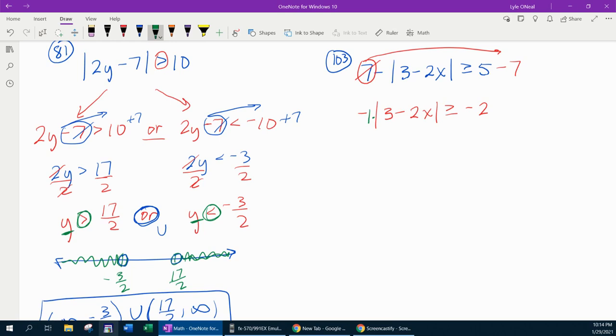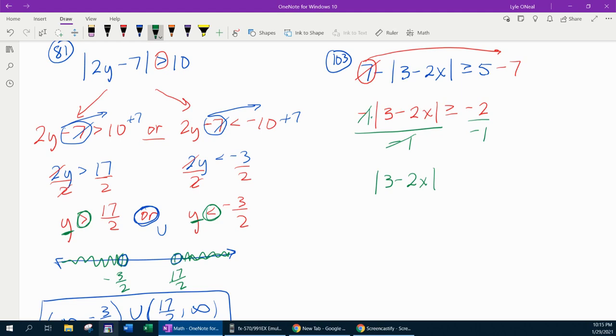So to get rid of that negative 1 factor, I'm going to have to divide both sides by negative 1. So again, understood negative 1, those will divide out and leave me just the absolute value of 3 minus 2x.